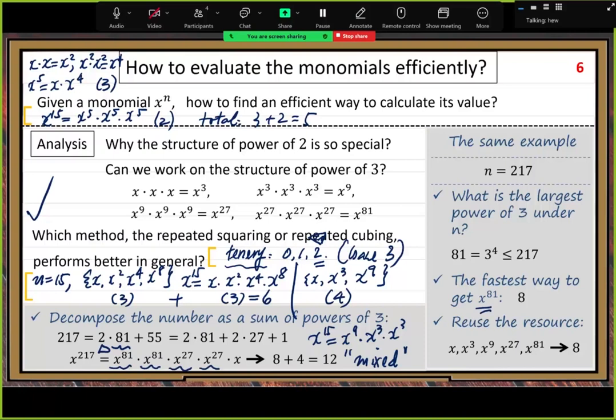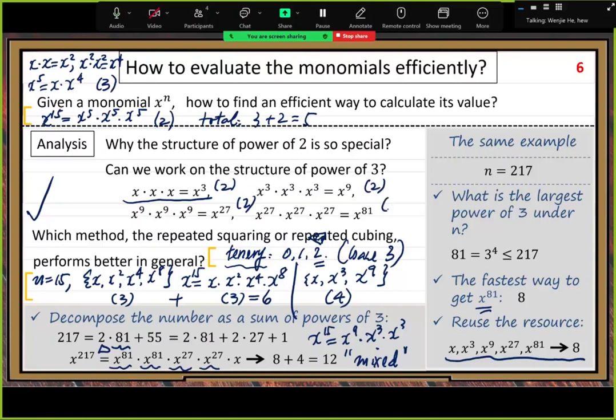How did you get 8 multiplications with the x to the 81? Do you mean here? Yes. Okay, good. To get x cubed, we need 2 multiplications, right? X to the 9th, 2 here. X to the 27th, 2 here.